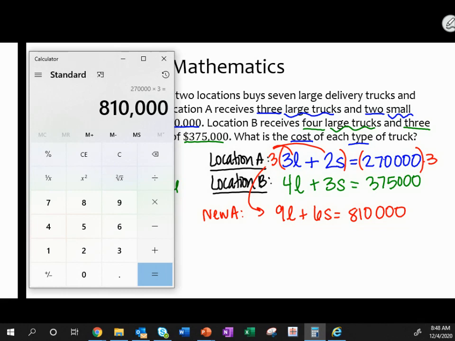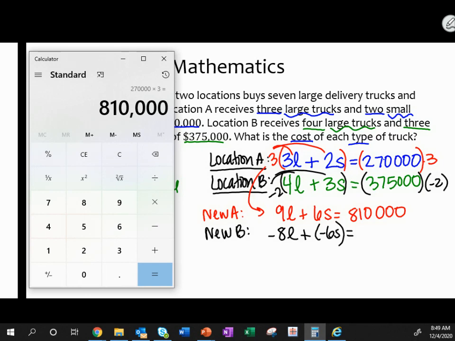Okay, our next one. Like I said, I need additive inverses, so I'm going to multiply through by -2. When I multiply through by -2, then one of them will be the additive inverse and they'll be ready to simplify and cancel. -2 times 4L is -8L plus -2 times 3S is -6S, which will be my additive inverse.